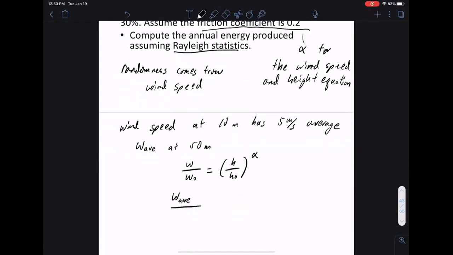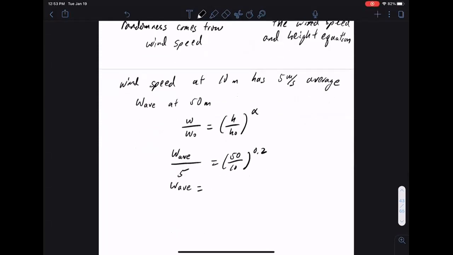We don't know it at 50 meters, but we know this is 5 meters per second at 10 meters. Alpha is 0.2. Okay. So this is our way of computing what the average speed is at 50 meters. So we get 6.9 meters per second. Any questions?